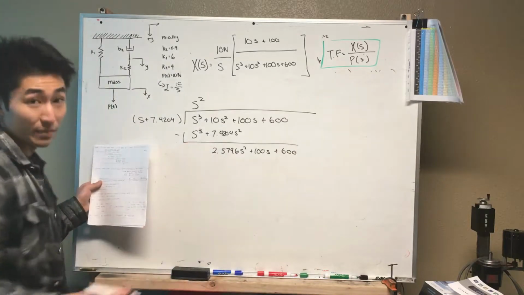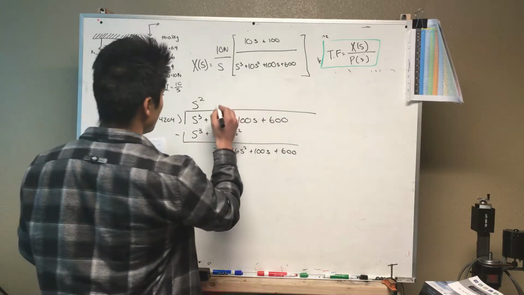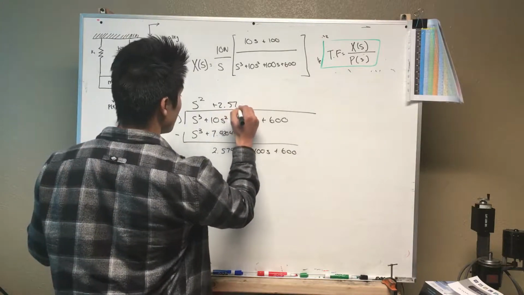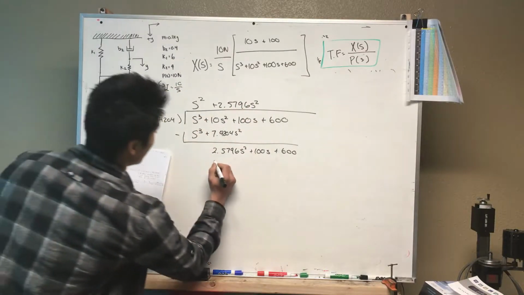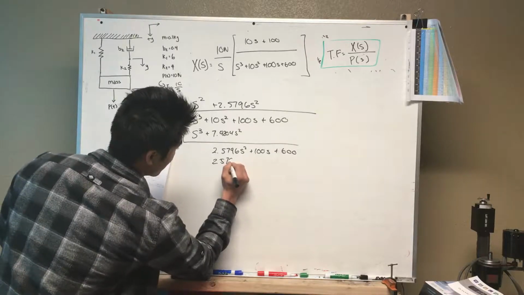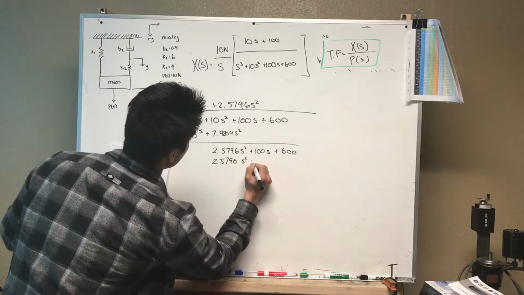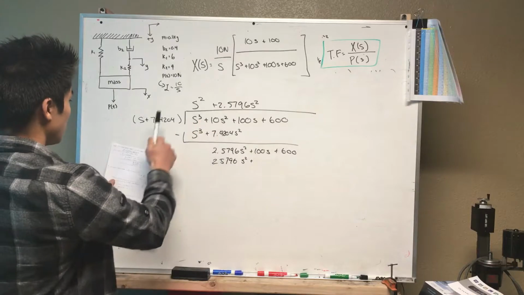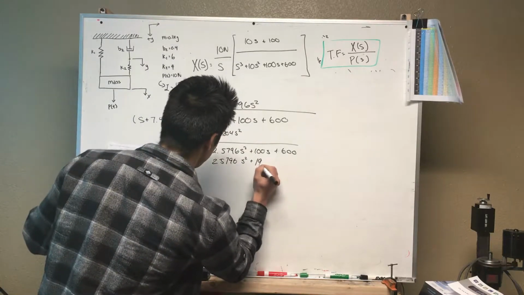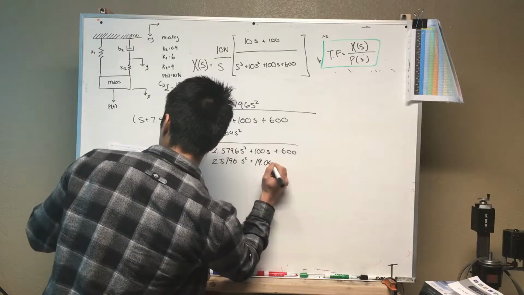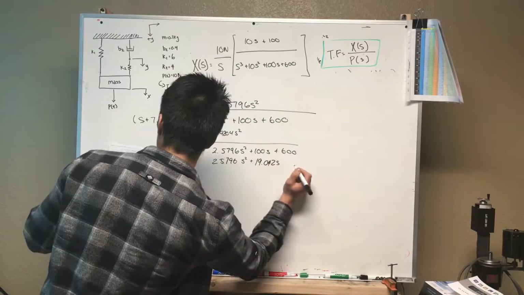Now notice there's going to be some rounding in there. But if we do plus 2.5796 s squared here, then we're going to have the same one here, 96 s squared plus 2 multiplied by that would get me 19.042 s.